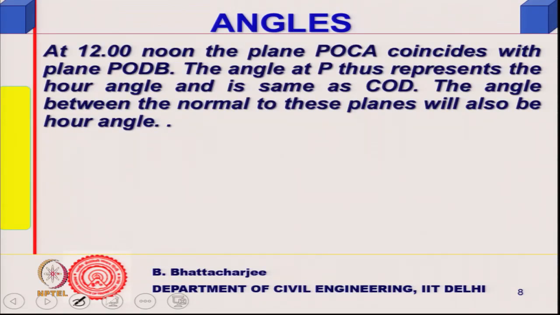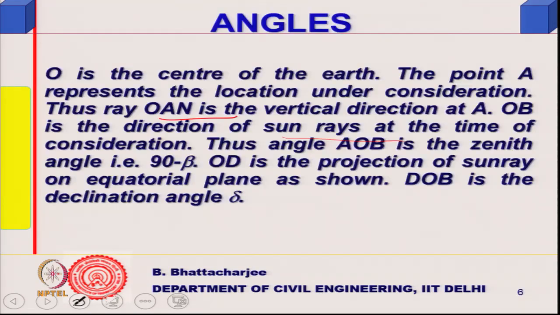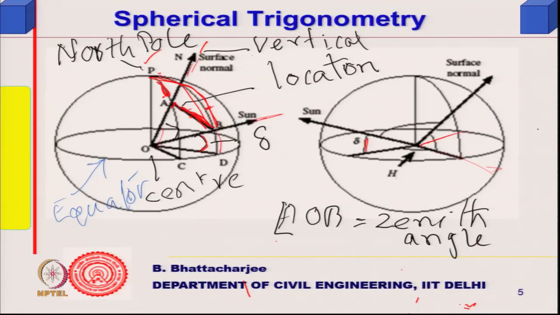Now, at 12 noon plane POCA coincides with the plane PODB. POCA is basically the line joining the pole to the equator, right. OC is the projection, and P is the location point.